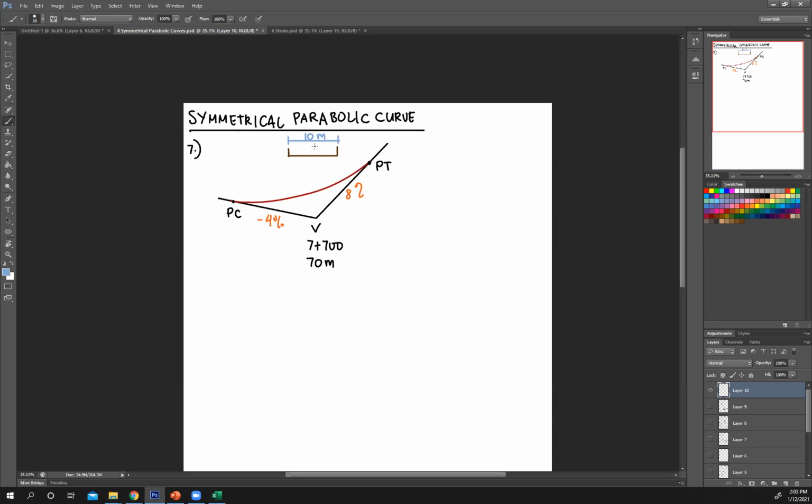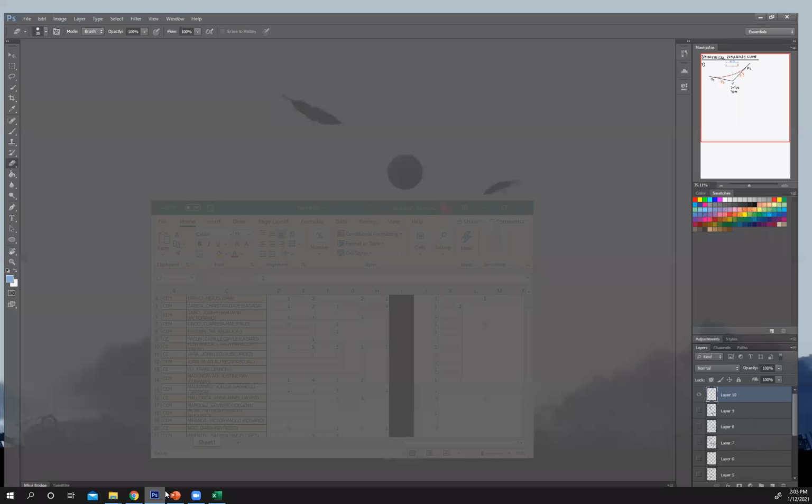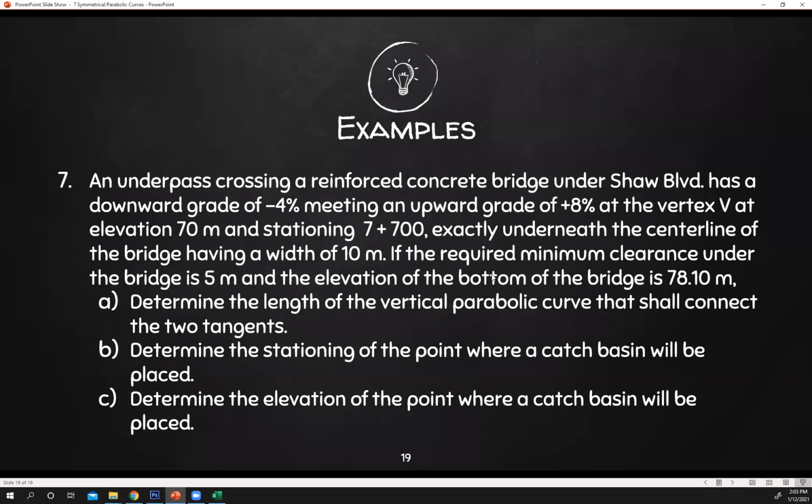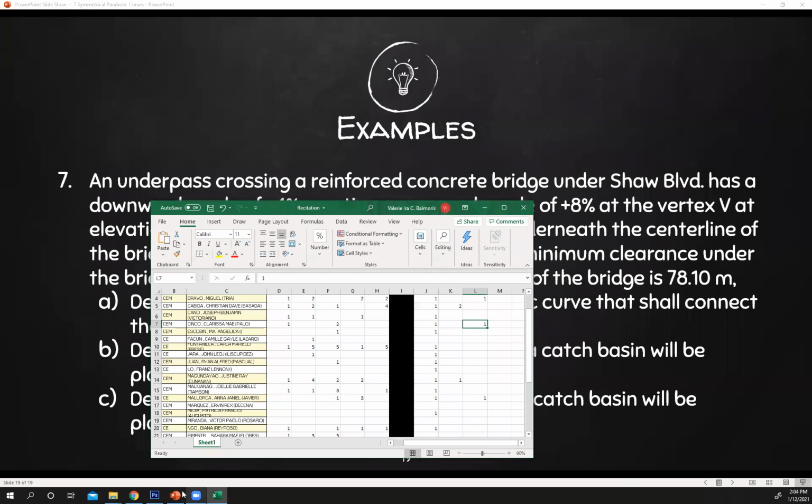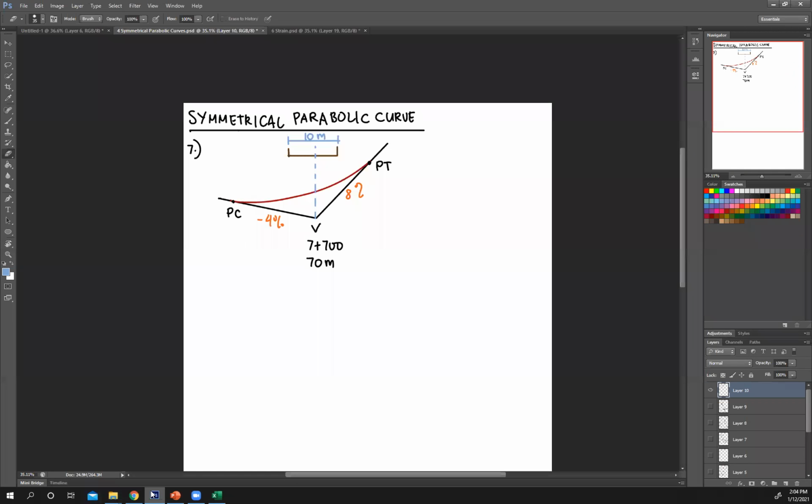Okay, and its center line is directly above. Okay, what else is given? The required minimum clearance under the bridge is 5, and the elevation of the bottom of the bridge is 78.10. So there's a clearance of 5, and elevation of your bridge is also given. Okay, elevation of bridge 78.10. So let's write that out.